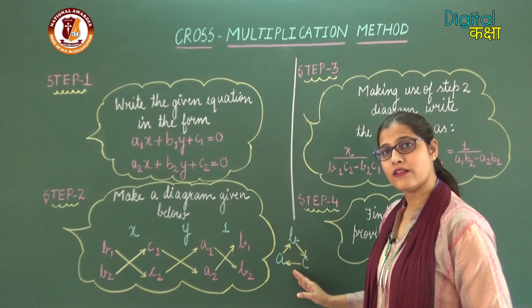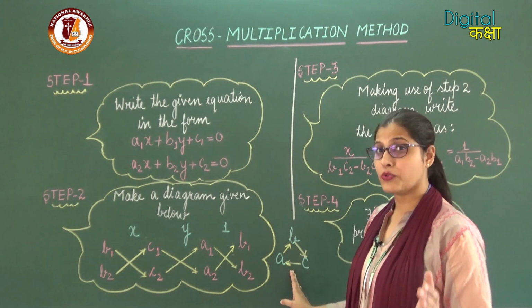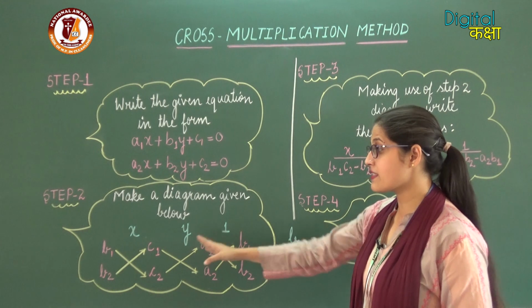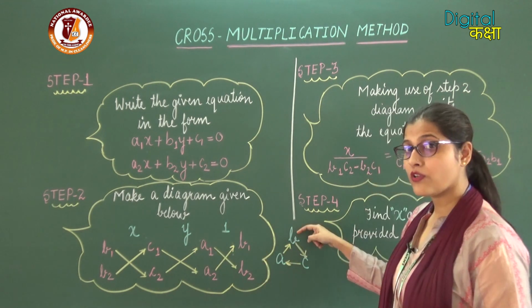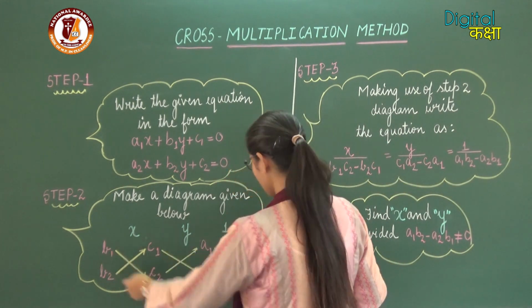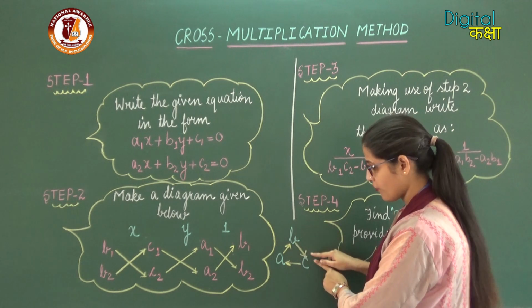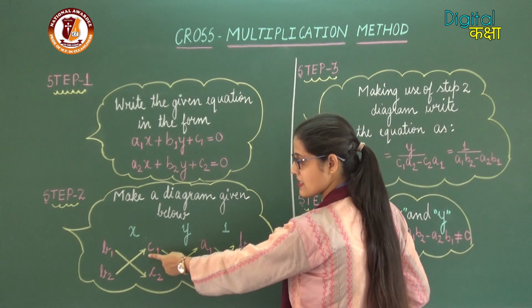As you can see here, I have drawn a triangle. It will be helpful to you in remembering the sequence of making the diagram. First of all, we have to write the coefficient b1. That means from b, we have to go to c. So after that in sequence, we will write c1.